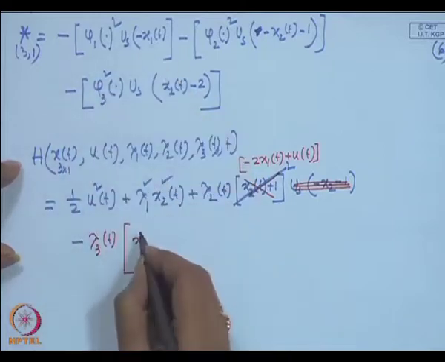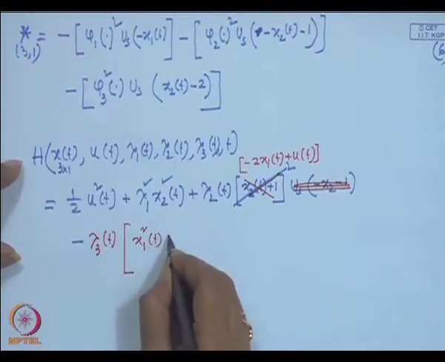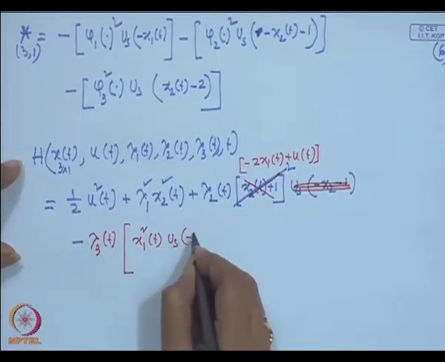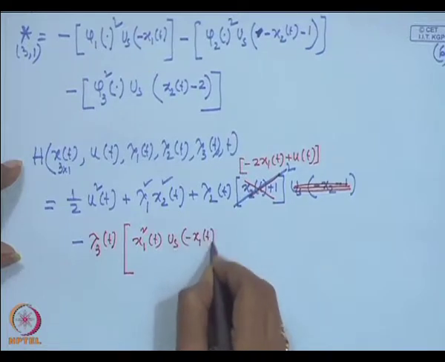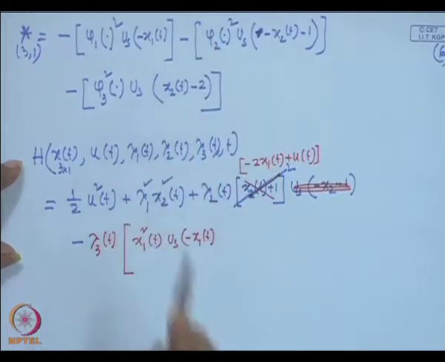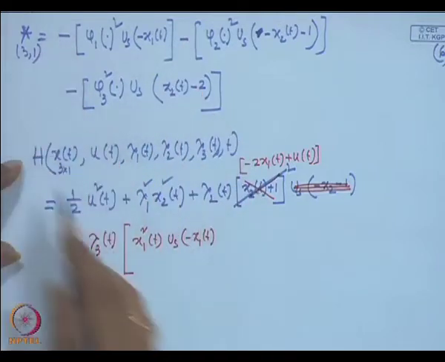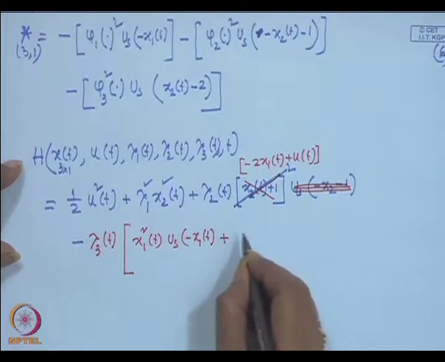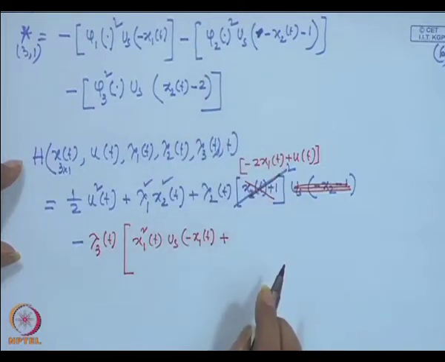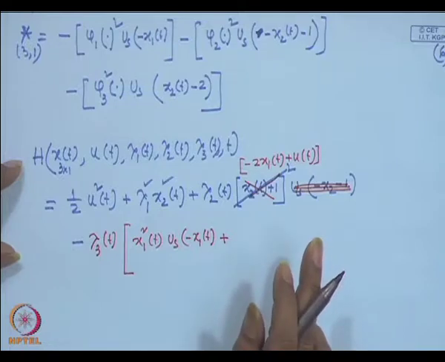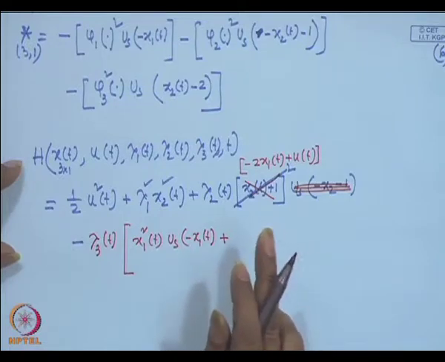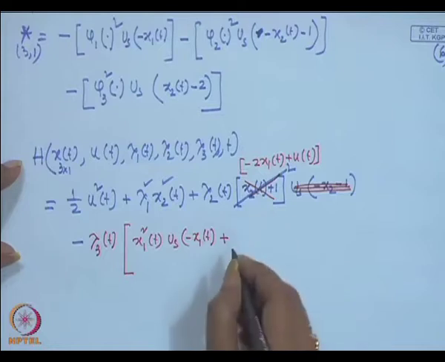So, that square is (minus x1 square) u s minus x1 of t, then minus, if you take the minus common from this, it will be plus. Psi 2 is what? Minus 1 minus x2, that means if you take minus common and square, that will be plus.